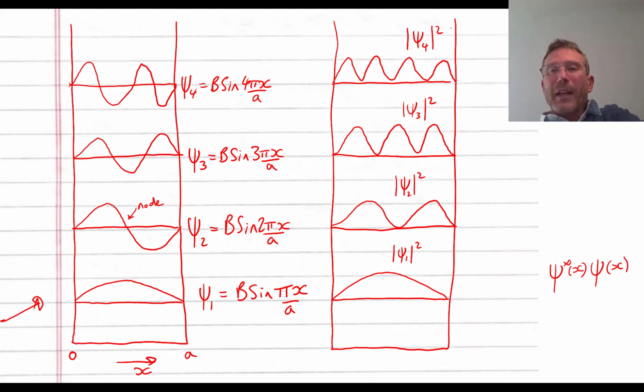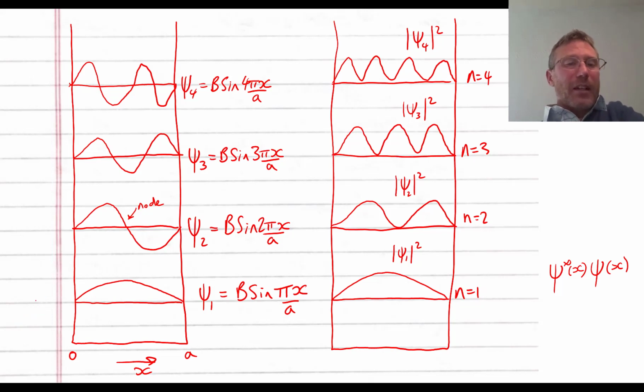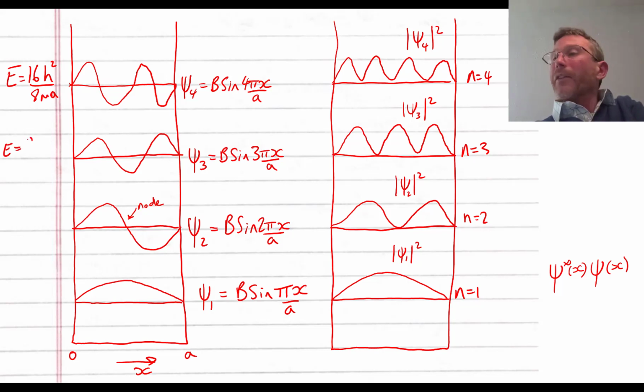So the important thing is that we've got n equals 4 here, n equals 3, n equals 2, and n equals 1. And we're also going to say, well, what's the energy for each of these particular cases? So let's have a look at those energies. And here we can say E is equal to 16h squared over 8ma squared, and E is equal to 9h squared over 8ma squared.